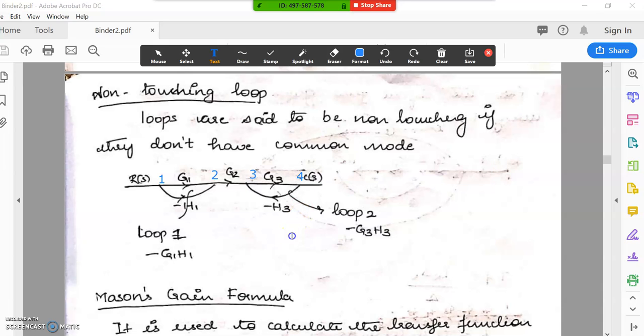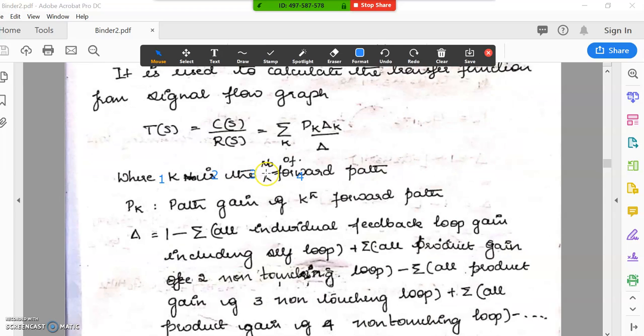None of the nodes are common between these two. Whereas in the above case, the nodes were common. This is 1, 2, back to 1, 3, 4, back to 3. Here they don't have common nodes. They are non-touching loops.